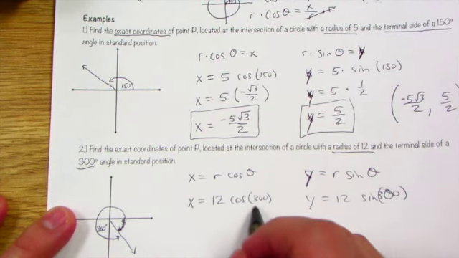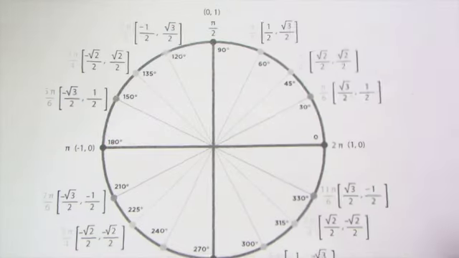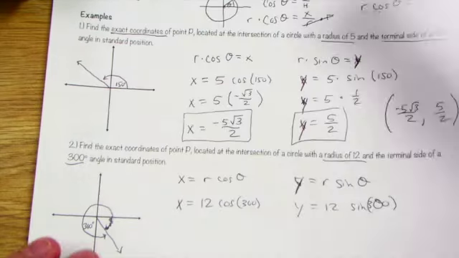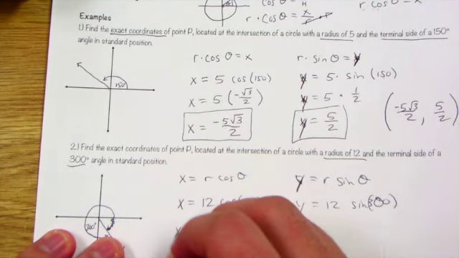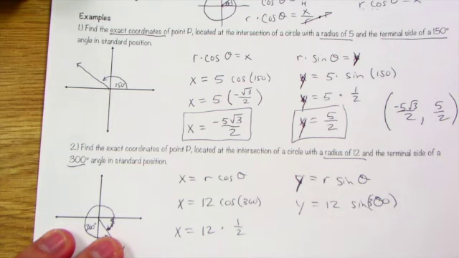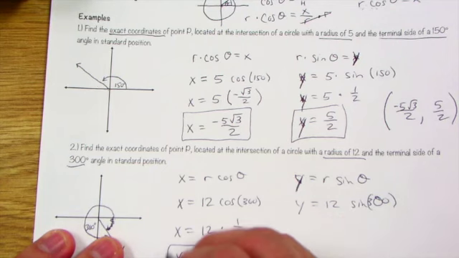Now, cosine at 300, we'll bring in our unit circle. Here's 300 degrees. Cosine is 1/2. So x equals 12 times 1/2, which is just 6. So x equals 6. Easy.